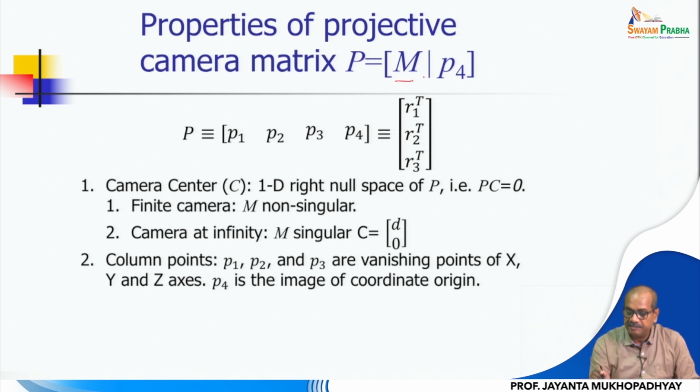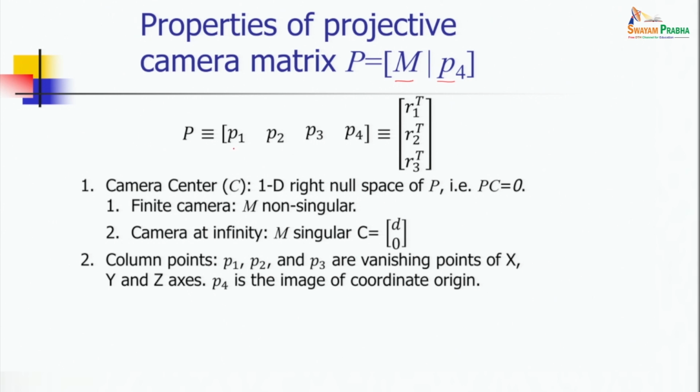One is the 3 cross 3 submatrix and the 3 cross 1 fourth column vector. Other representations are submatrices of 4 column vectors, each identified by its column number, P1, P2, P3, P4, or the stack of row vectors R1, R2, R3, which we have already discussed.